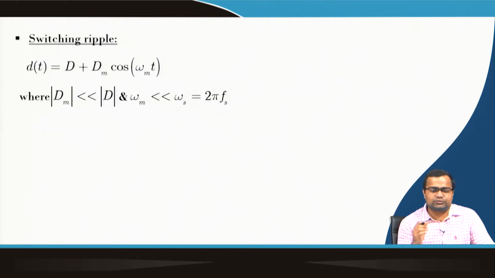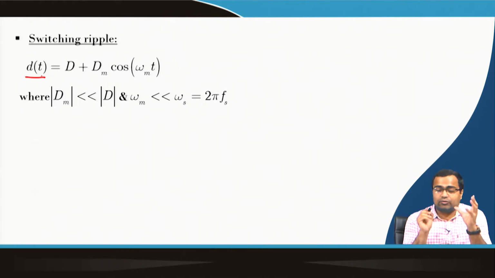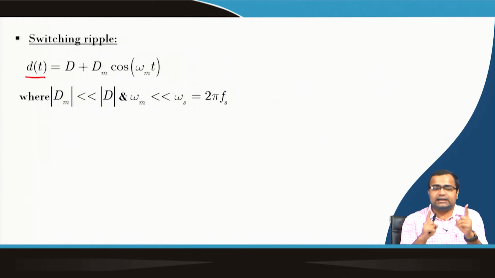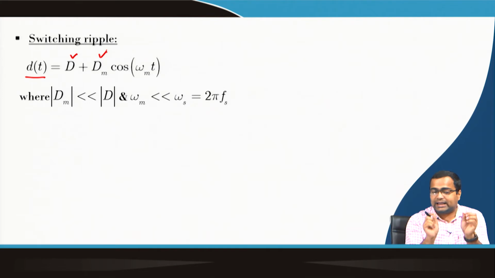Because we are talking about a switching converter, and this part we have already discussed in state space averaging, we operate the switching converter using a pulse width modulation technique, where the time period is fixed and the duty ratio under steady state is fixed. But if we consider a time varying duty ratio, the duty ratio consists of one steady state quantity plus a small AC component, which is the sinusoidal excitation.